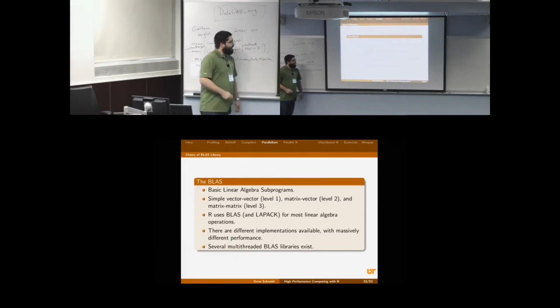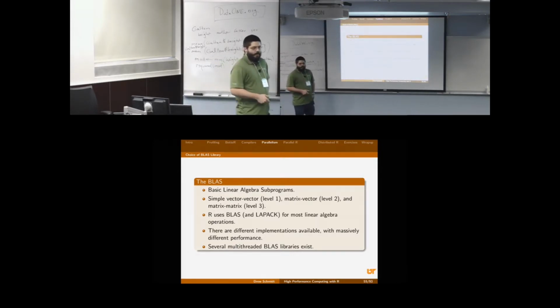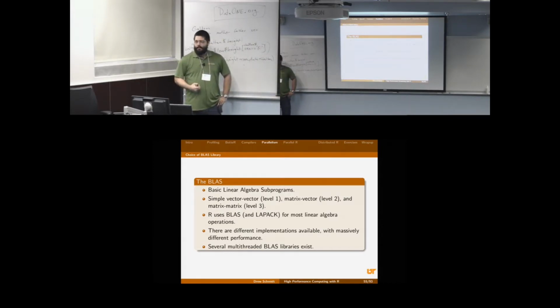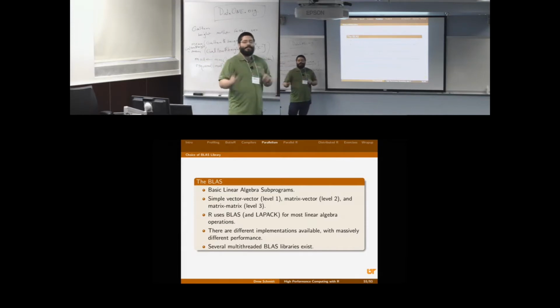See me later if you're curious. I could talk quite a bit about linear algebra in R, but probably it's not a good thing to bring up at parties. There are different implementations of the BLAS. These implementations will have massive, profound impacts on performance, and these are all free. So the performance change is free.